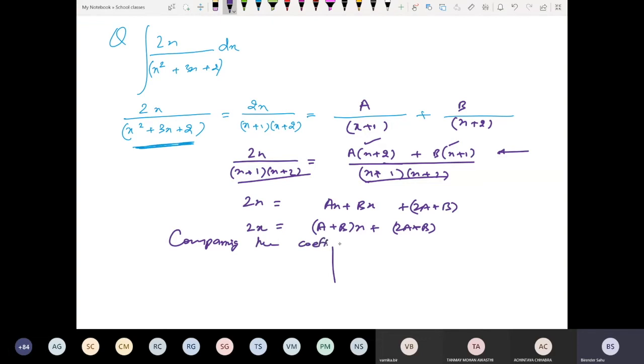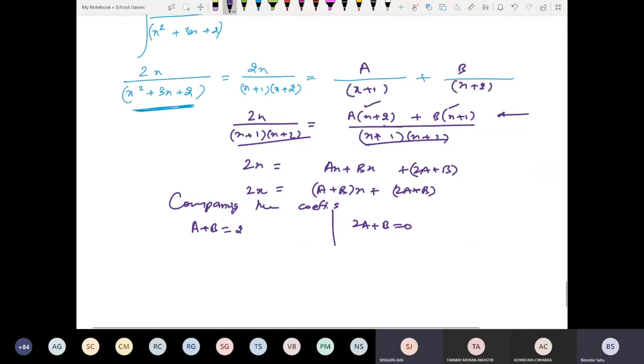Comparing the coefficients, we will get here a plus b equals 2, and here 2a plus b equals 0. What is the answer? A is equal to -2 and B is equal to 4.